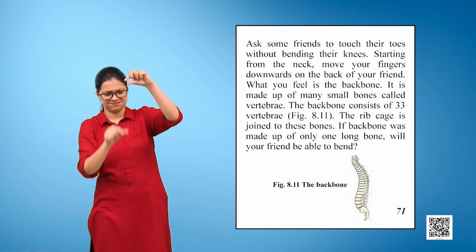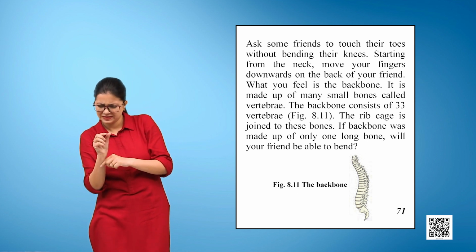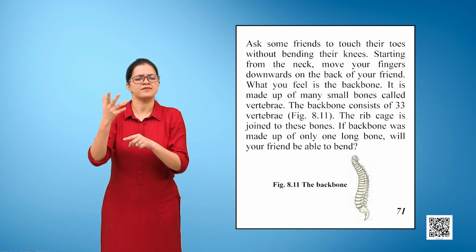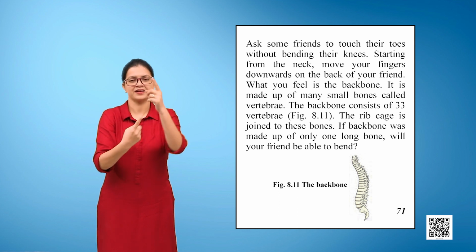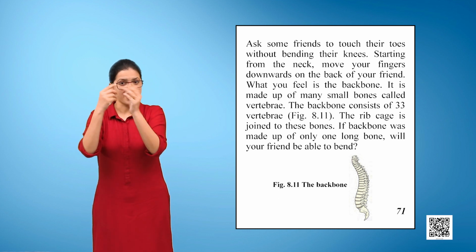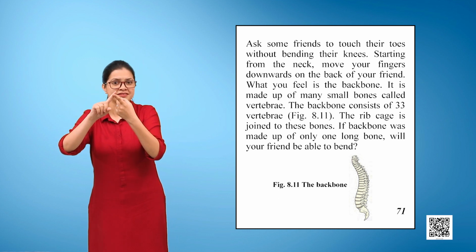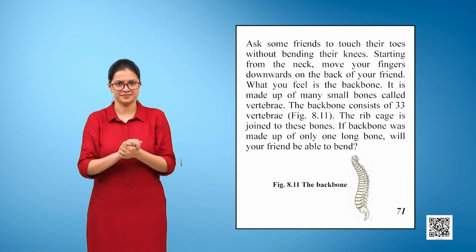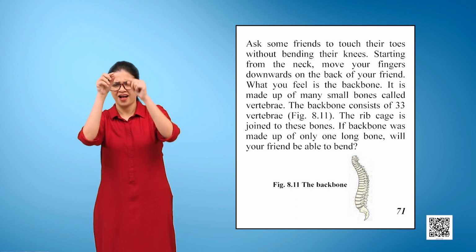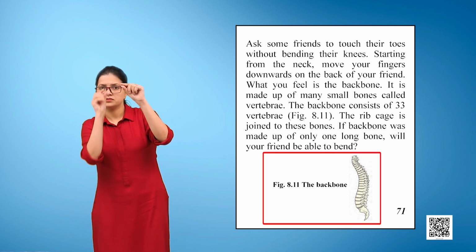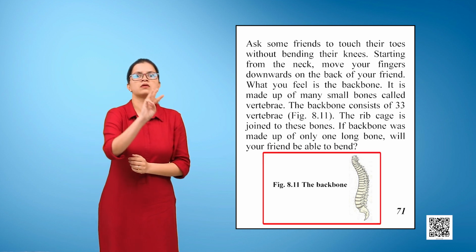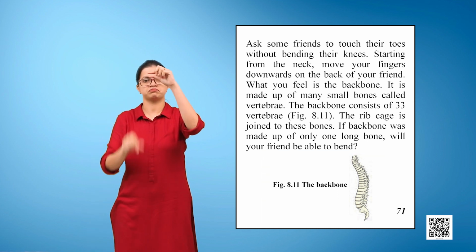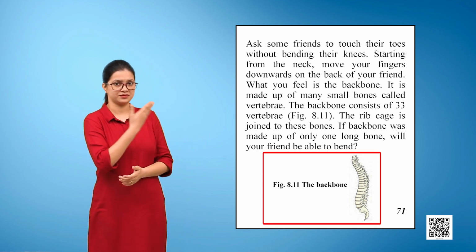It is made up of many small bones called vertebrae. The backbone consists of 33 vertebrae. Figure 8.11.